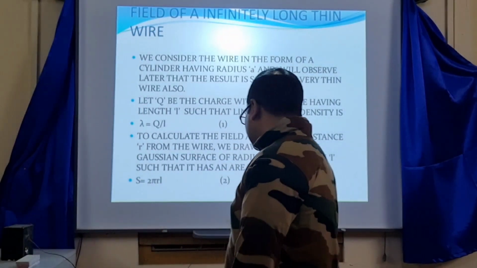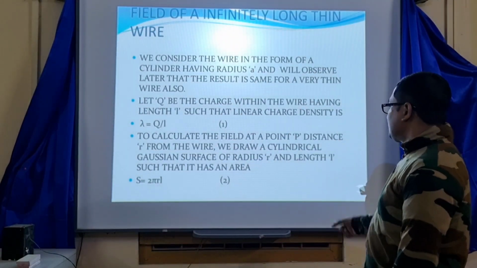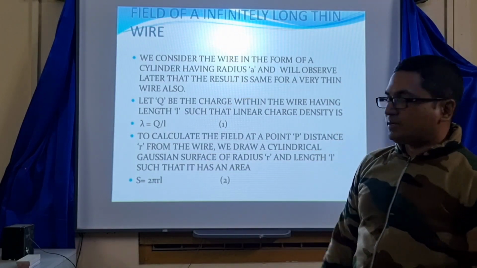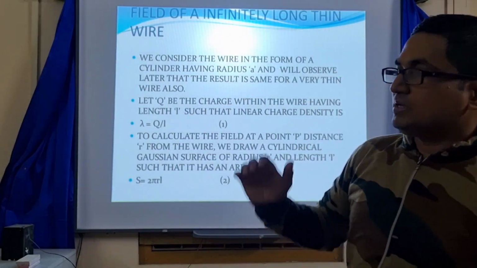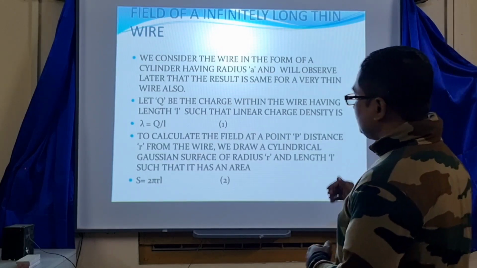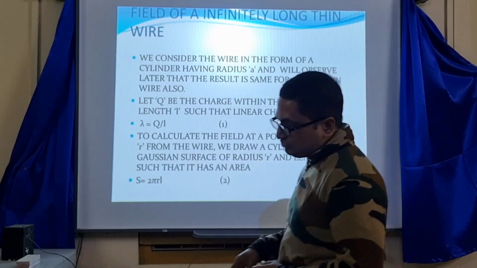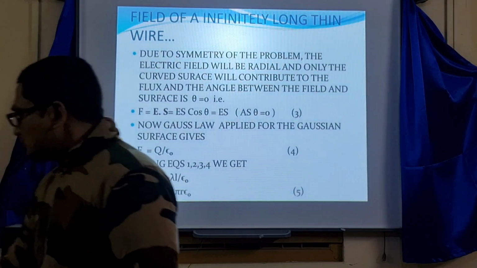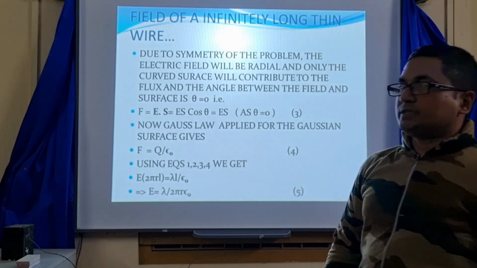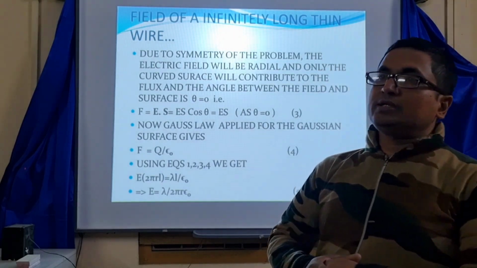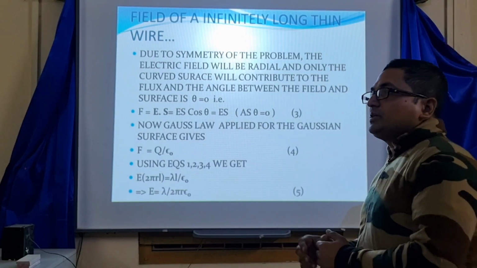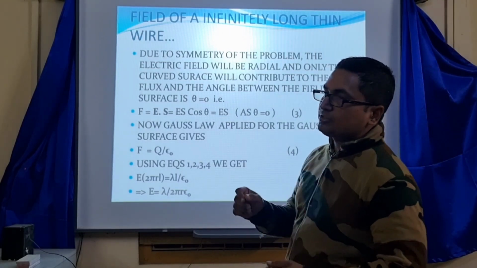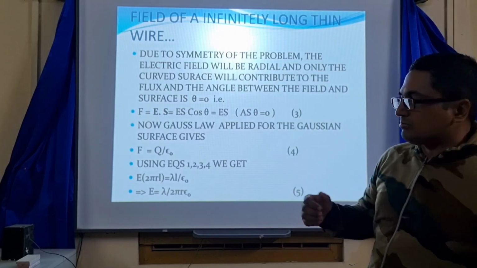Coming back to the slide, the Gaussian surface would have an area of 2 pi r L, that means the circumference times the length of the Gaussian surface. So the Gaussian surface area S is given by equation 2. Due to symmetry of the problem, since we know that the flux is equal to the dot product of the electric field vector and the area vector, E S cos theta, the determination of theta is very important.